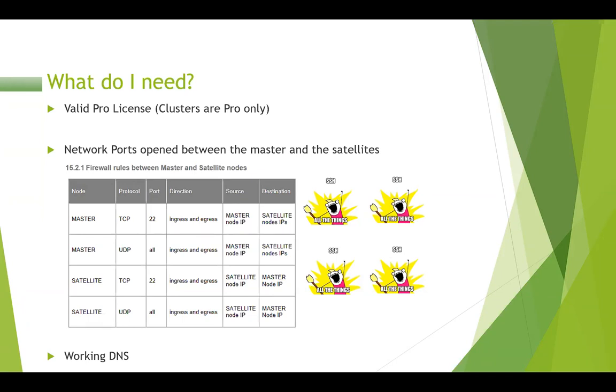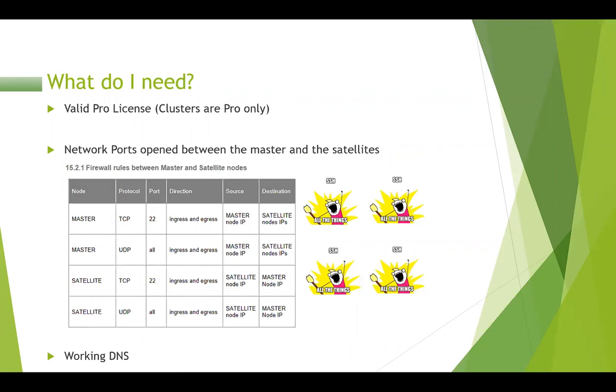Especially if you have your EVE server somewhere at work and between the nodes there is some sort of, let's say you have some security zones in between. There are some ports that you need to open, of course, so that the master can talk to the satellite. I've listed them here. After the session, I will also share the slides so you can read all of that again. And you need a working DNS.